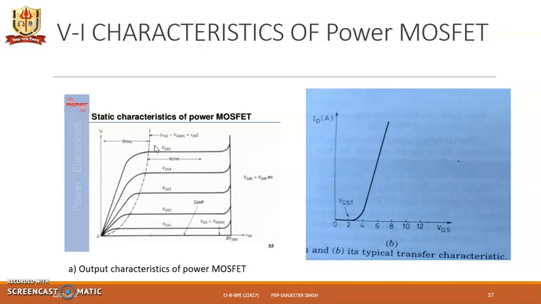Beyond this ohmic region, where the ID current is increasing, thereafter it becomes constant, and this is called the active region. Then the transfer characteristics is drawn with the ID drain current along the y-axis, and with respect to the gate source voltage we note down the response.